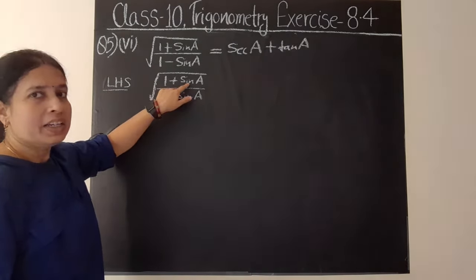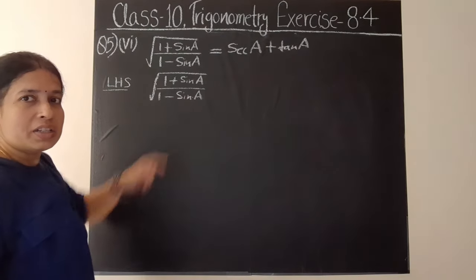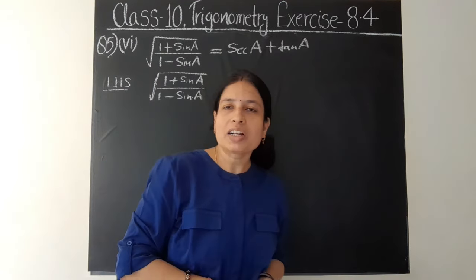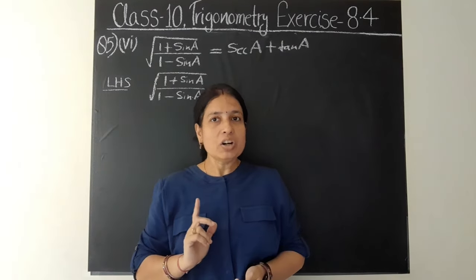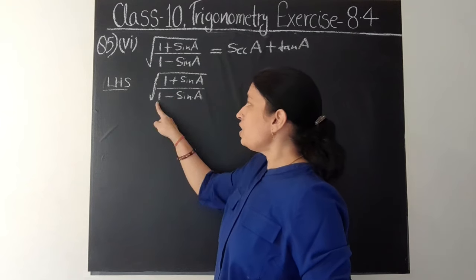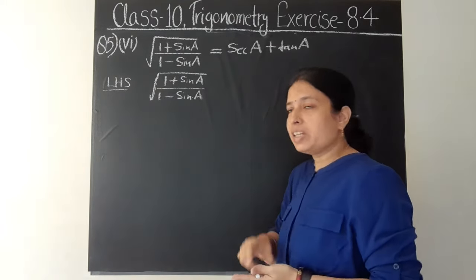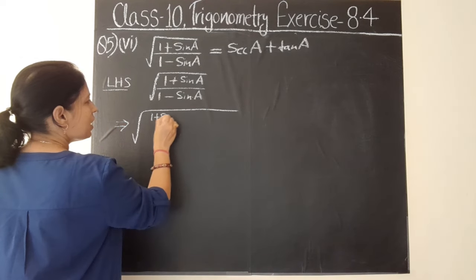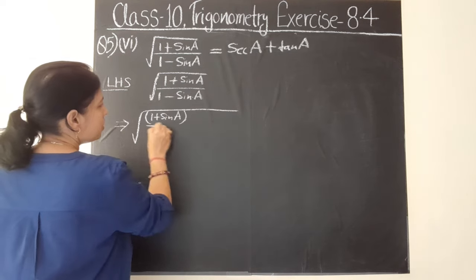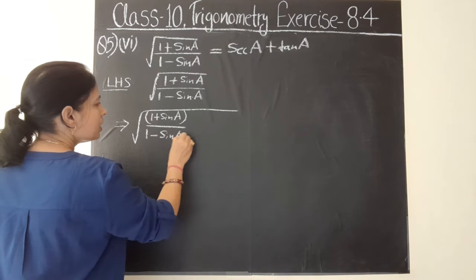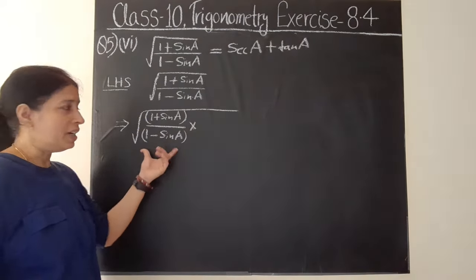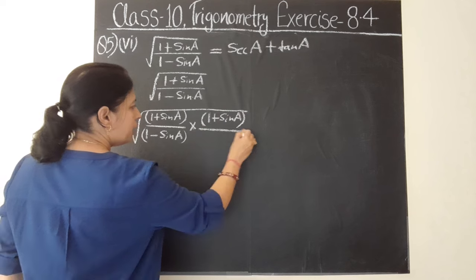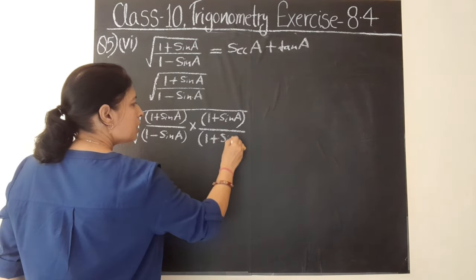Here it is 1 plus sin A and here it is 1 minus sin A. This means it is in the form of A plus B and here it is A minus B. Whenever such questions come, we multiply and divide by the conjugate of the denominator. The denominator is 1 minus sin A, so the conjugate will be 1 plus sin A. So let us multiply and divide. Write square root, first one is 1 plus sin A, then write here 1 minus sin A, then multiply here by the conjugate of the denominator, so it will be 1 plus sin A, and here also 1 plus sin A.